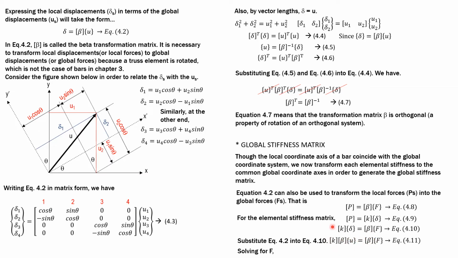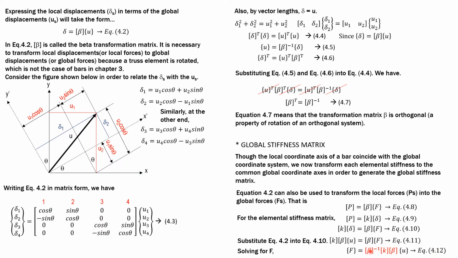So F is equal to the inverse of beta times this product of matrices, K times beta times the global displacement matrix. This is now the formula for F.